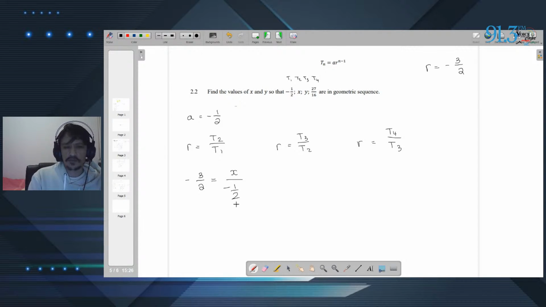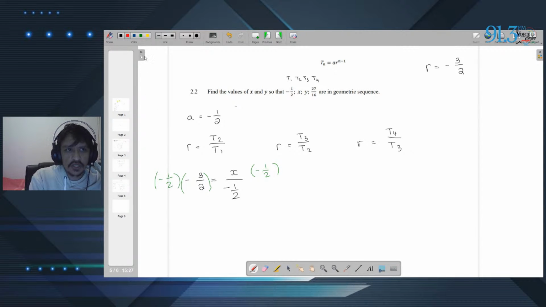Now, what we can do from here is multiply by negative a half to get rid of it, because we want x to be by itself. So essentially I'm multiplying this side by negative a half, and I will multiply the other side by negative a half.